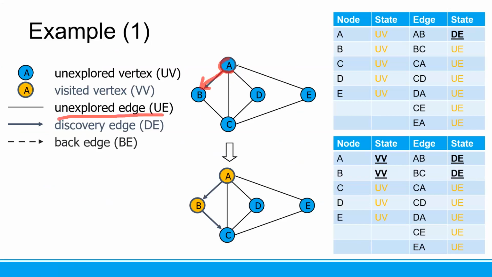Because we visit A, and this is the incident edge of A, we want to find the opposite of A. So this is B, this is the incident edge of A, and this is the opposite of A. So I go to B, then A will be set as visited, B will be set as visited, and AB is a discovery edge.